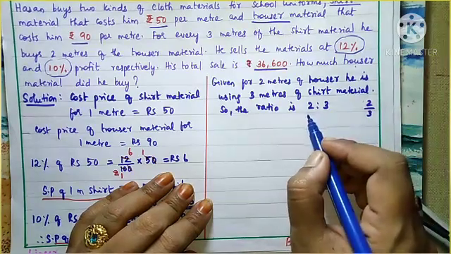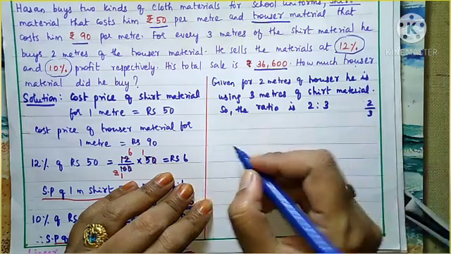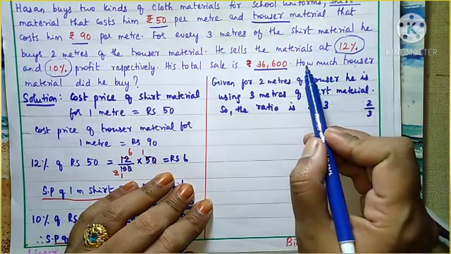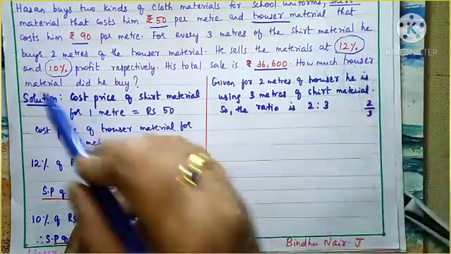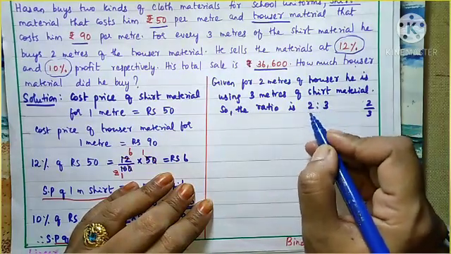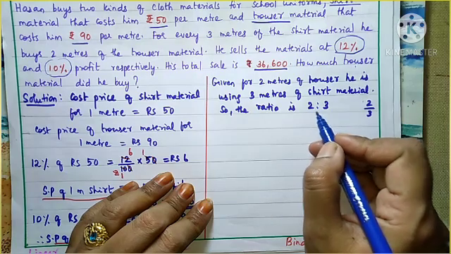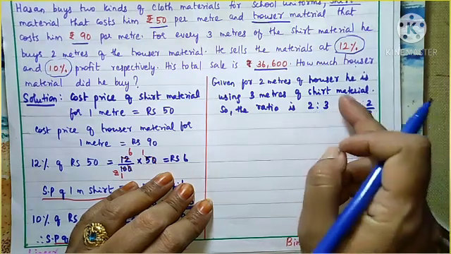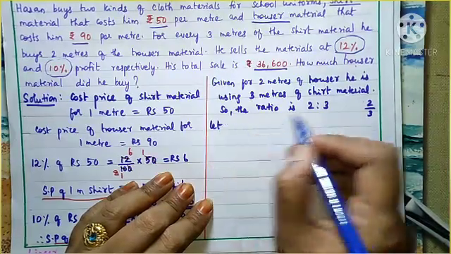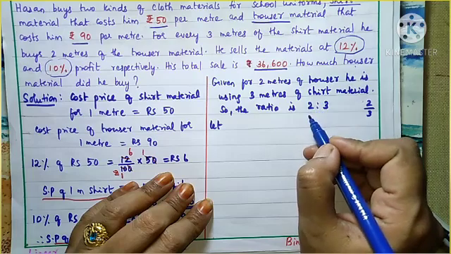Okay. So from this relation I am writing the next step. We need to find out what is the question. We need to find out how much trouser material did he buy. So we need to find out the ratio for trouser material. How many length of trouser material did he buy? Okay. So from this ratio I am writing like this. This is 2, no? 2 is the part of trouser material.